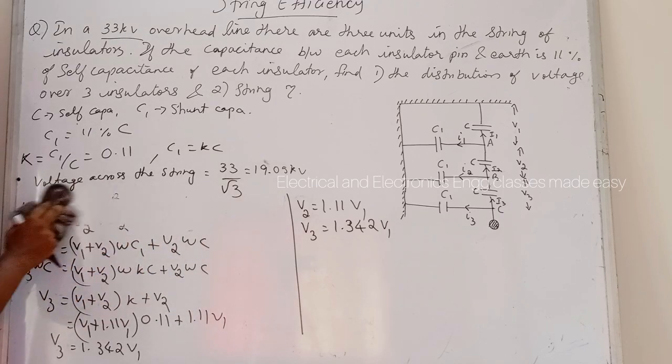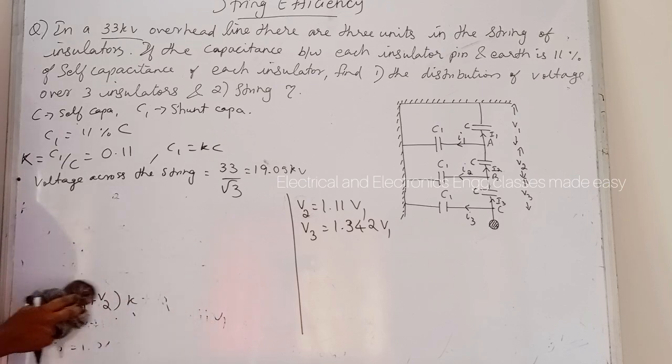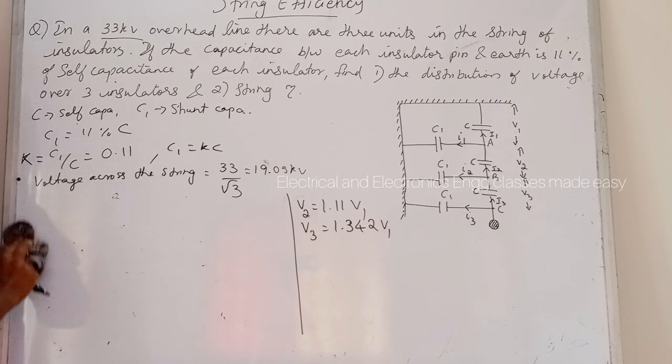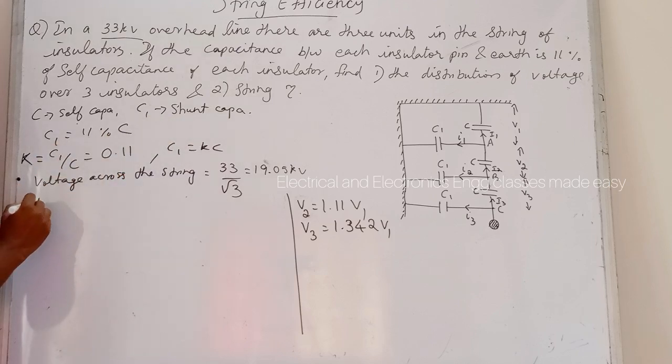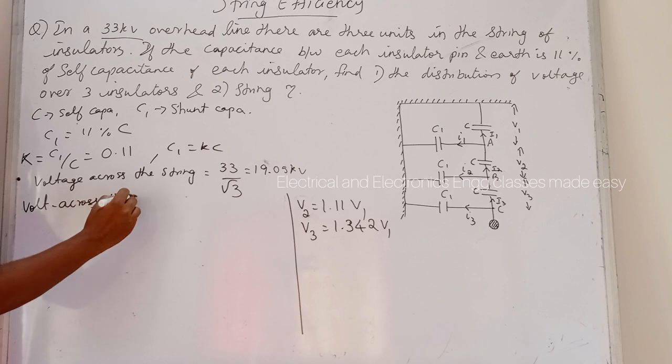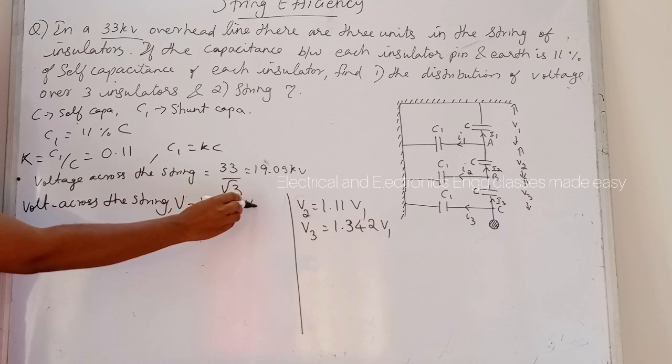Now we can find the total voltage, that is, the voltage across the string. V is equal to V1 plus V2 plus V3.